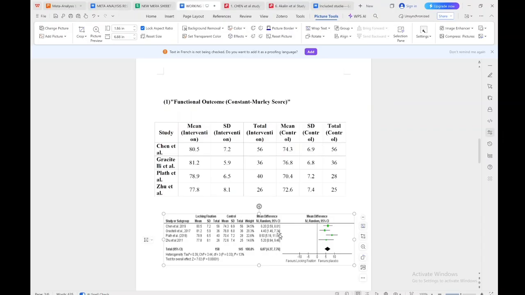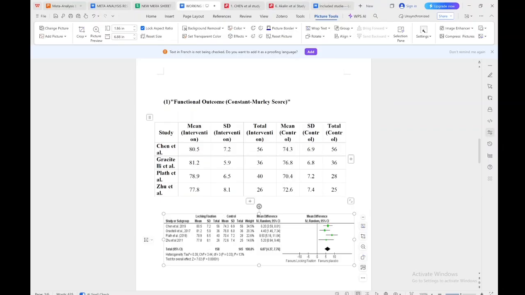If you look at these parameters here, the diamond is sitting here, and you see the confidence interval stretching through those points. Also, the heterogeneity is 13%, meaning that there might be quite some similarities among the studies, and that means there is a significant effect.